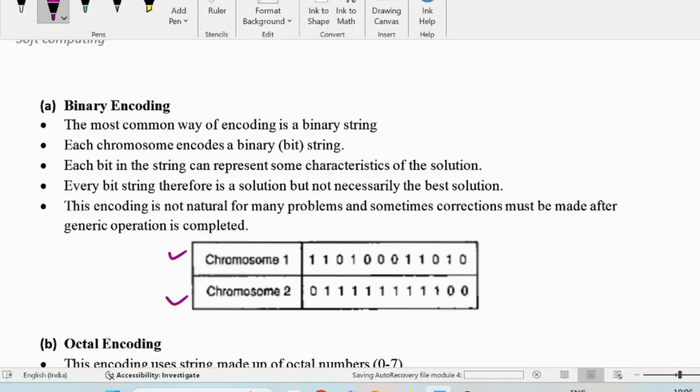So how do we represent them? The first method of representing is called binary encoding. In binary encoding, we represent them in terms of zeros and 1s. This is one solution, this is another solution. We represent each of them using binary, or just using bits.